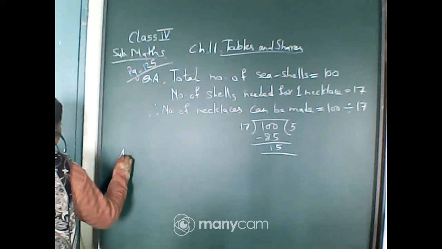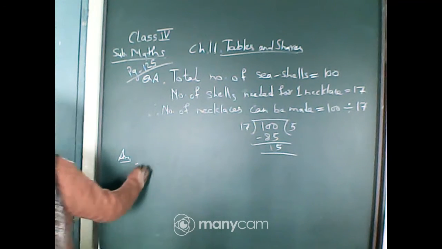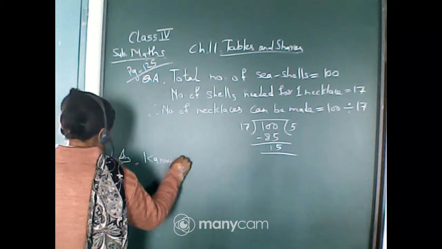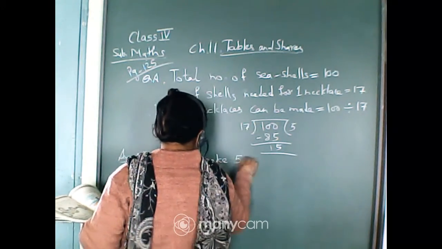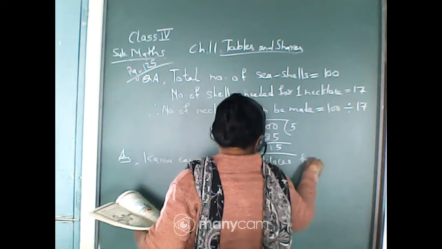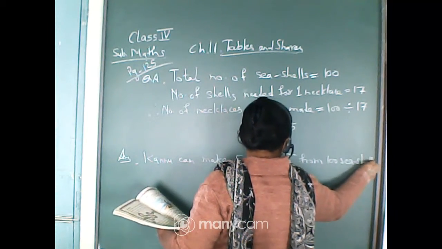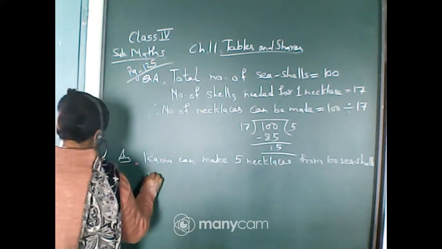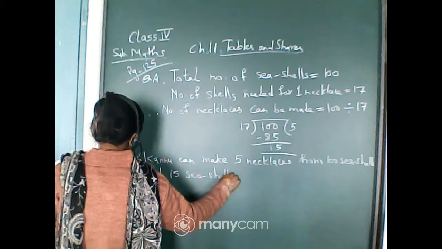So the answer will be: Kanu can make 5 necklaces from 100 seashells and 15 seashells will be left.